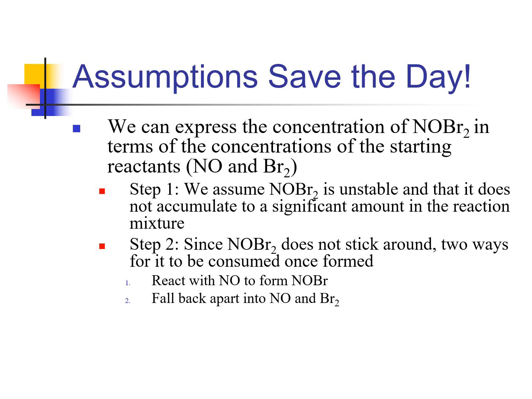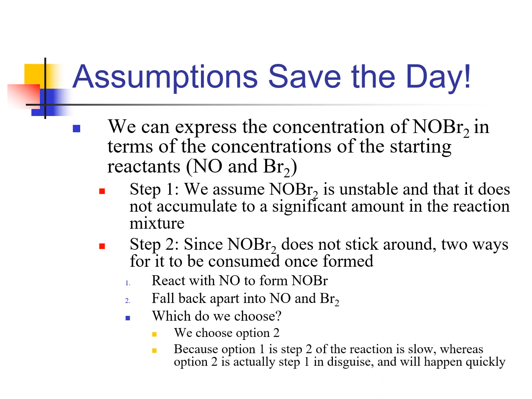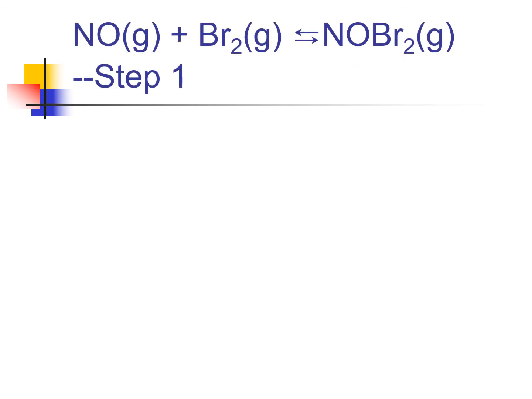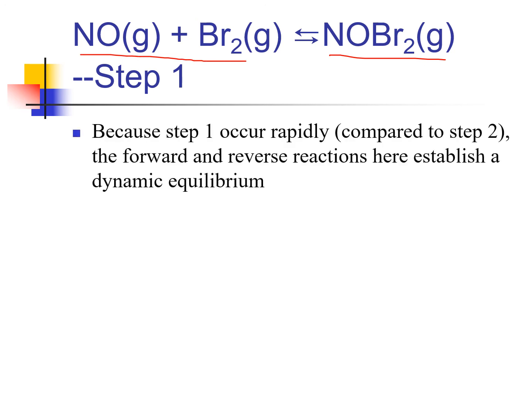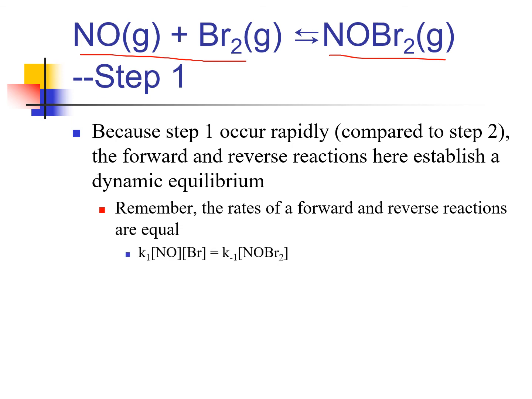If you remember, that was the first step of NO and Br2 forming NOBr. So it's going to fall apart back into the reactants. And again, the reason for that is step 1 is fast, so it'll happen quickly. It'll happen a lot. So there's step 1 again. So that NOBr is going to fall apart back into NO and Br2. So that's what we see.